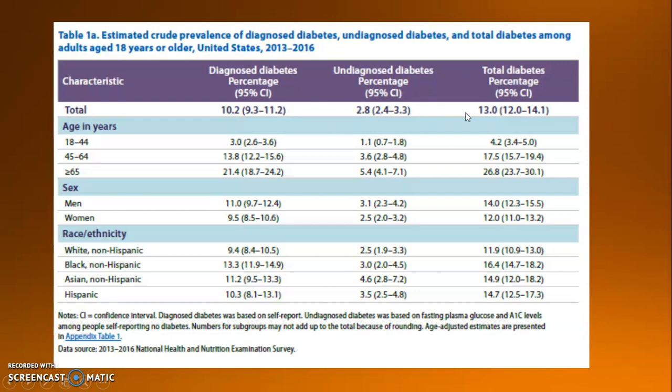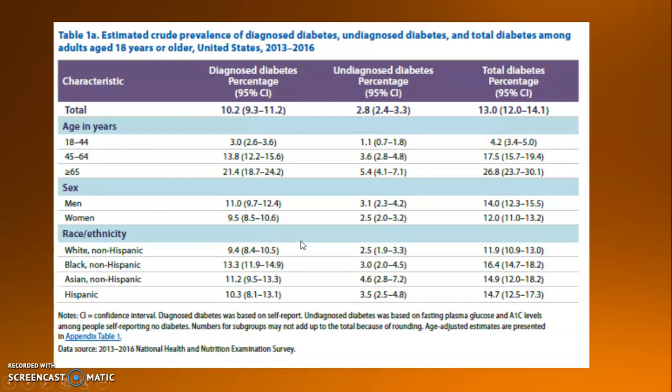About 13% of the adult population, this is in adults, has diabetes. And when we look at age here, some of the things that I want us to take a look at is, obviously as one ages, we see a higher percentage of individuals being diagnosed with diabetes or having diabetes even if undiagnosed. So the risk of diabetes increases with age.